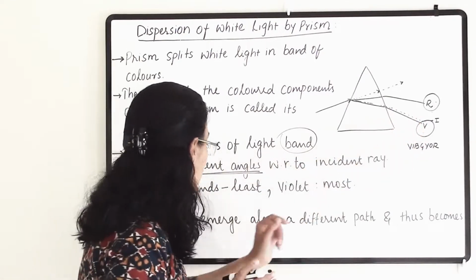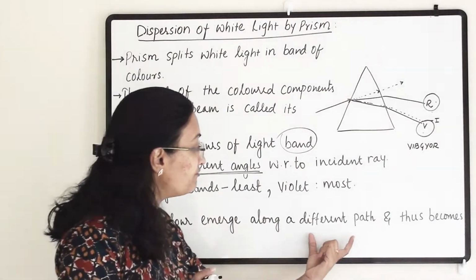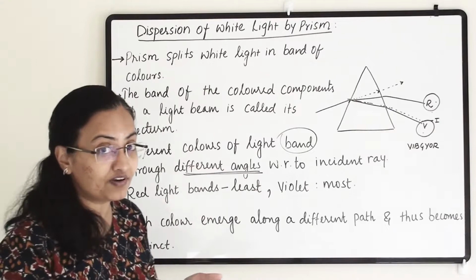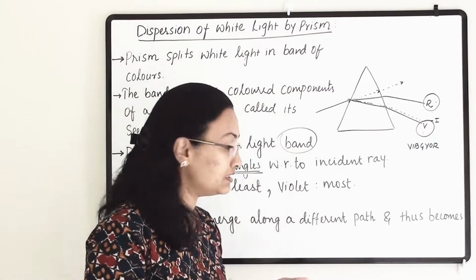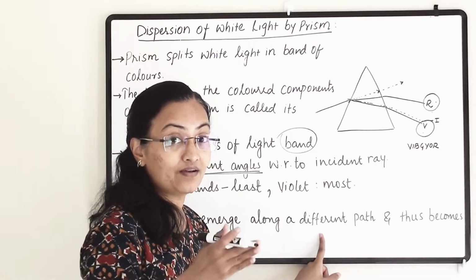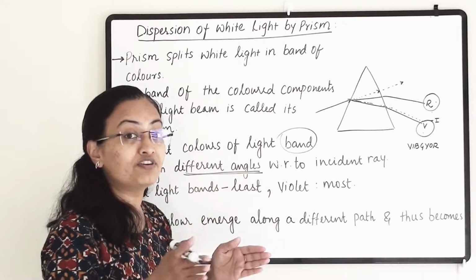Each color emerges along a different path and thus becomes distinct. Distinct means different from other colors. So all 7 colors have their own different path. Why? Because they bend at different angles.